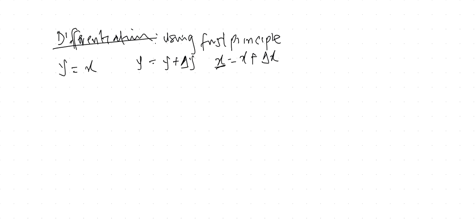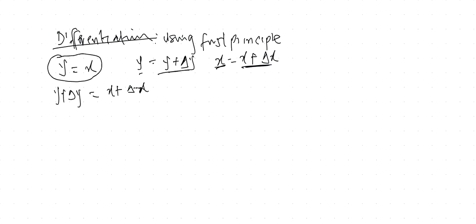So now here we are given a function y equals x. In place of y, we put y plus change in y, which is equal to x plus change in x. Very easy.